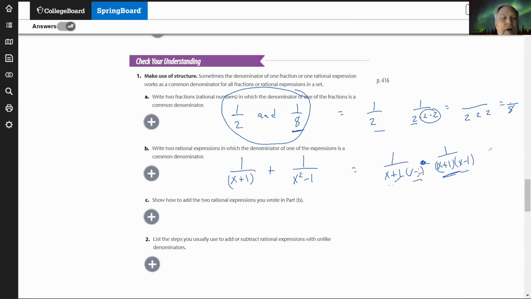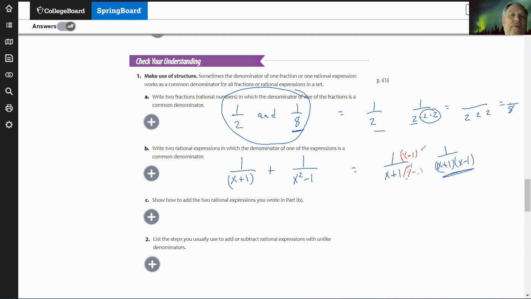C. Show how to add 2 rational expressions that you wrote in part B. Well, of course, if we want to continue this to add these up, the only thing we added was this x minus 1. So to keep with the way I was doing that before, I'm going to erase that for just a moment and put that in red, because that's the change that I made. I put the x minus 1 there to make them look the same.